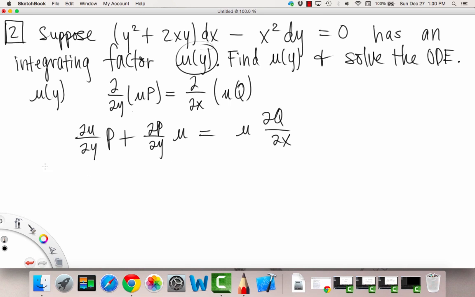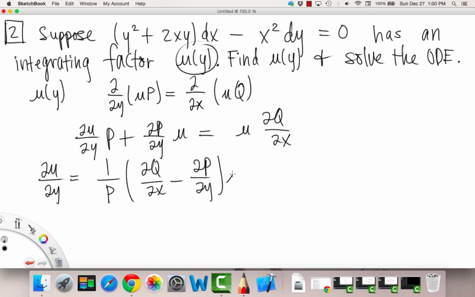And then when we formulate our separable equation here, we have partial mu partial y is equal to 1 over p times partial q partial x minus partial p partial y, times mu.